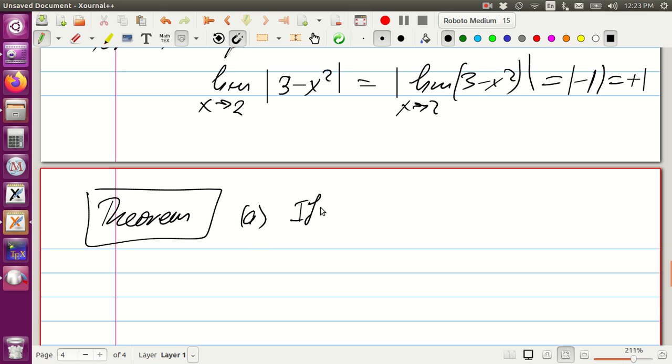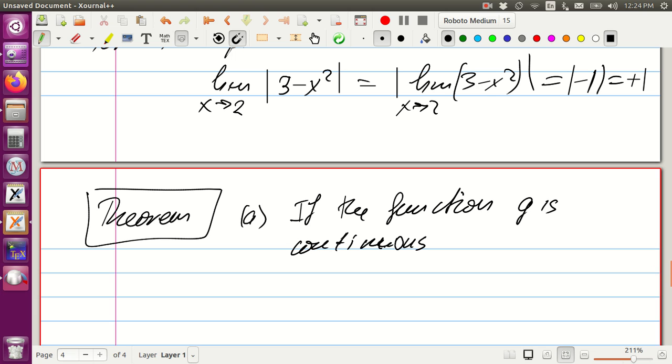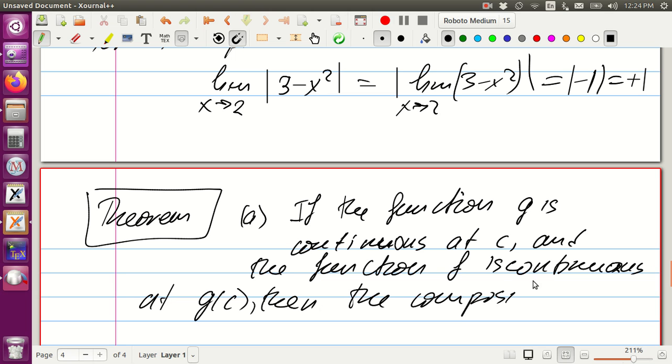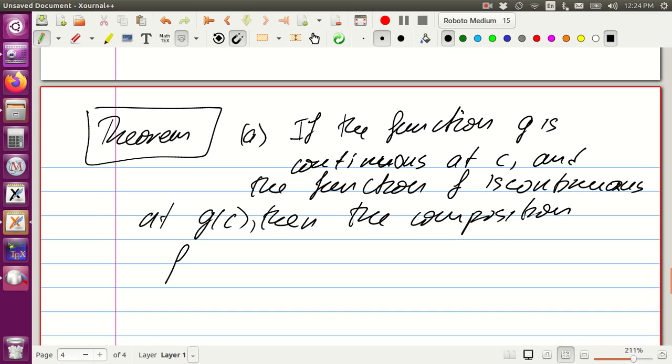Part A says if the function g is continuous at c, and the function f is continuous at g of c, then the composition f composed with g is continuous at c.